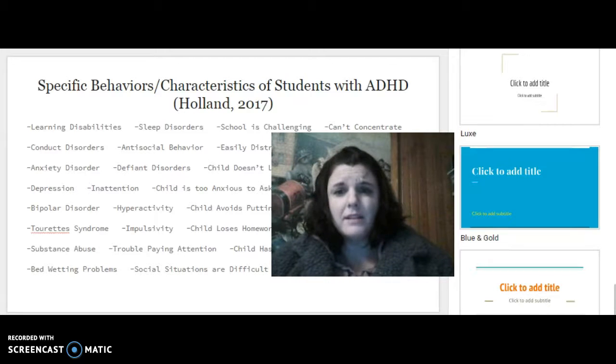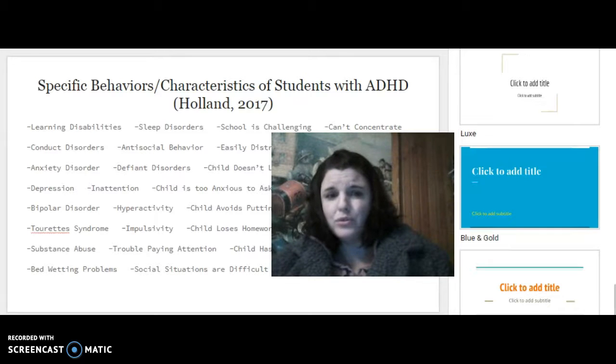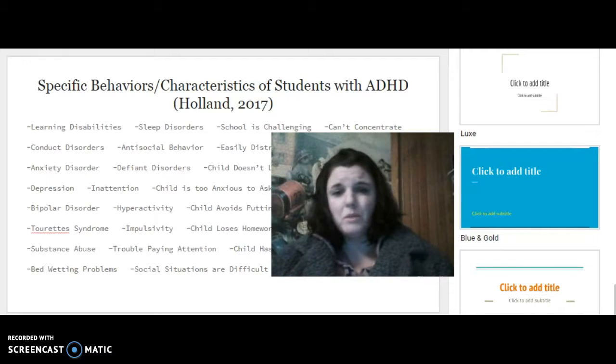The child may not listen, they may not sit still, they might have depression, inattention, they might be anxious in the classroom and afraid to ask questions, they might be unorganized, bipolar disorder, hyperactivity, maybe the child avoids putting an effort into the classroom, Tourette syndrome, impulsivity, the child loses their homework, the child can't follow directions, substance abuse, trouble paying attention, maybe the child has bedwetting problems, or social situations are difficult to them.